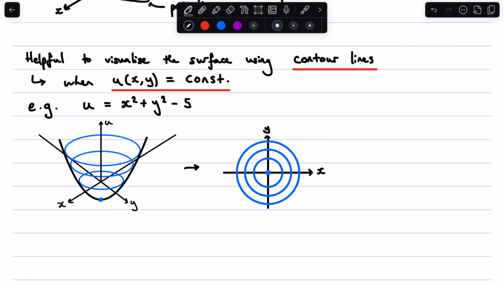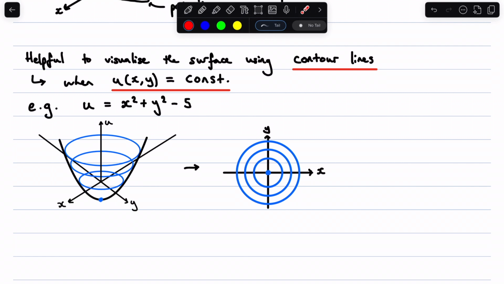It's often helpful to visualize our surfaces using contour lines, and this is when our u of x, y is constant. So for every value on our plot here, where u is a constant number, so if this value up here was 5 for example, every point on our surface going all the way around here like this has a value of 5 in the u direction.